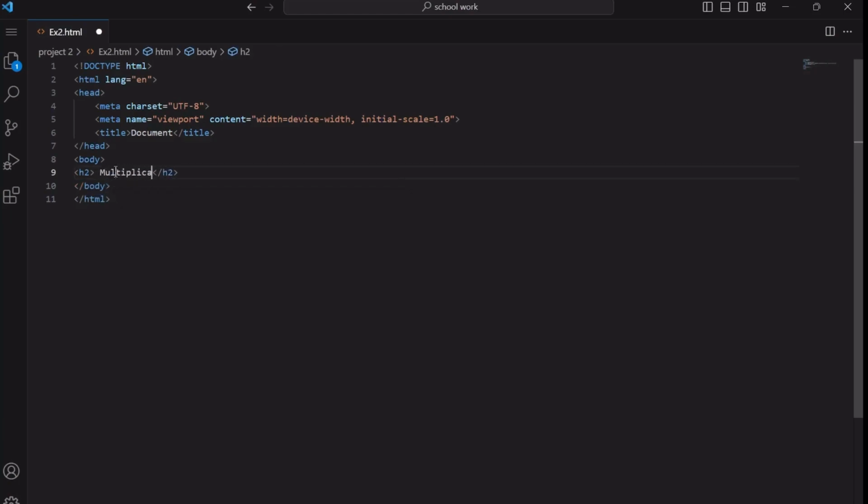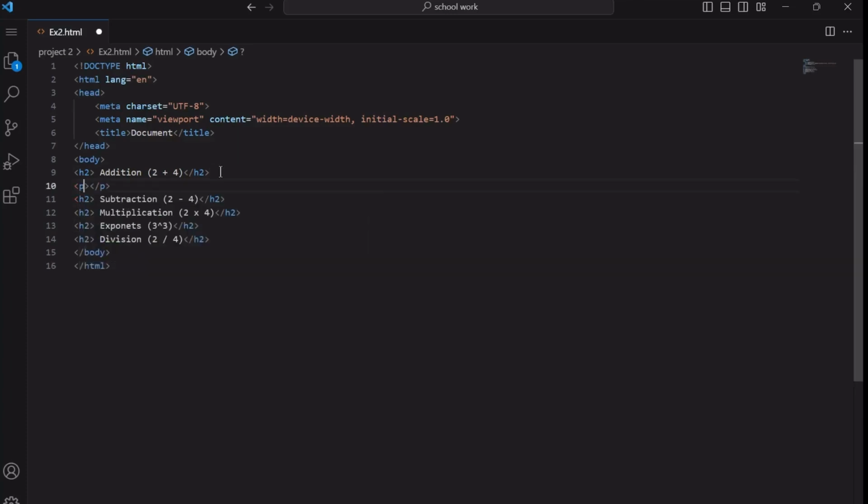We'll have 5 headings and 5 paragraphs. The 5 headings will be addition, subtraction, multiplication, exponent, and division. This time, in the heading, we'll also have parentheses with numbers on the inside to remind us which equations we use with the signs.